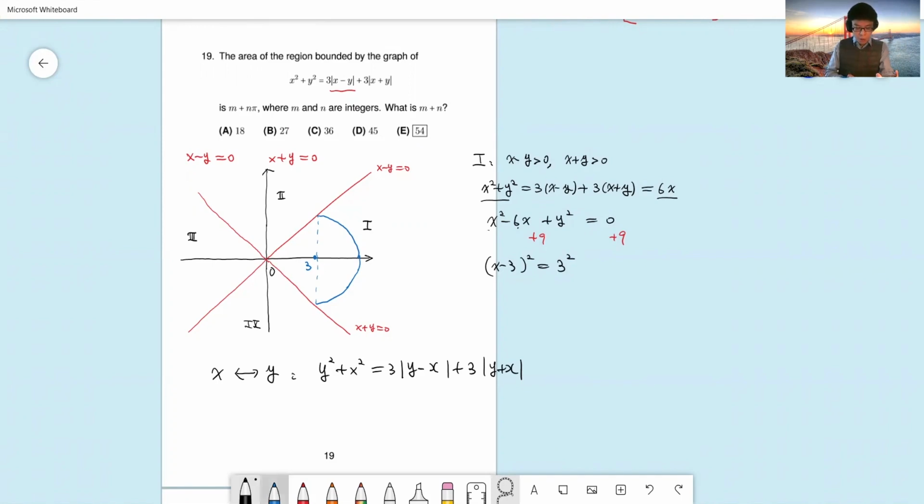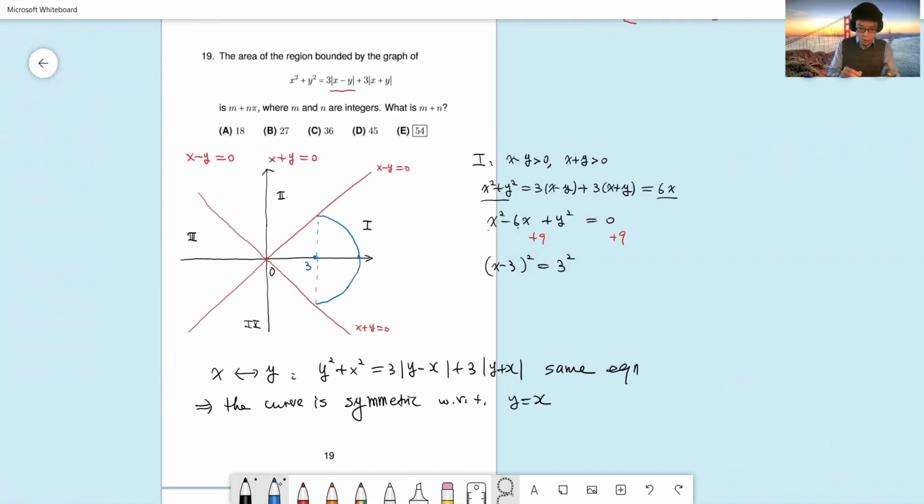So that means our curve is symmetric with respect to the line y equals x.